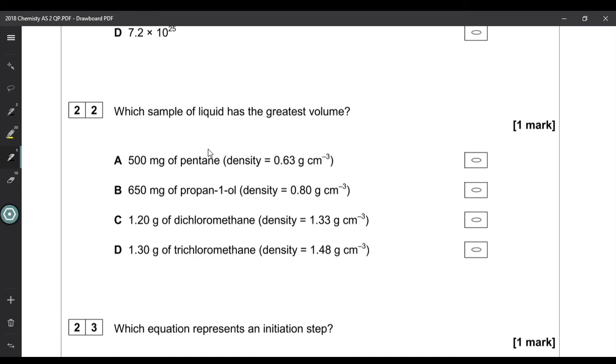And if we do that calculation for all 4, with C we end up with 0.9023, which ends up being the largest out of the 4 volumes.